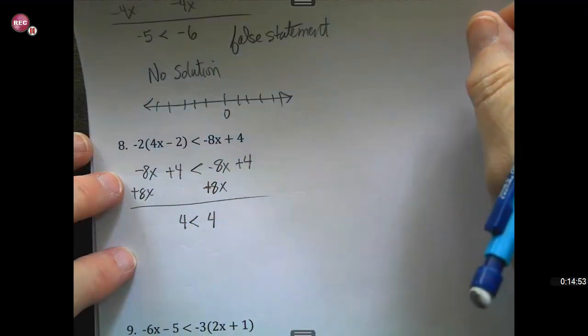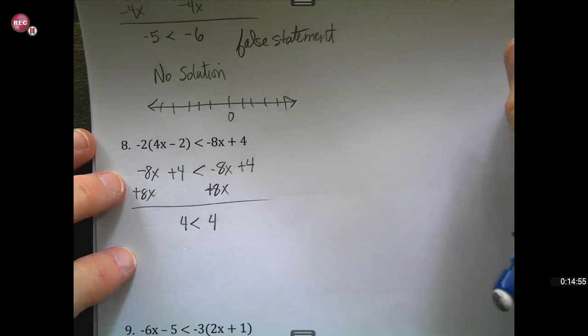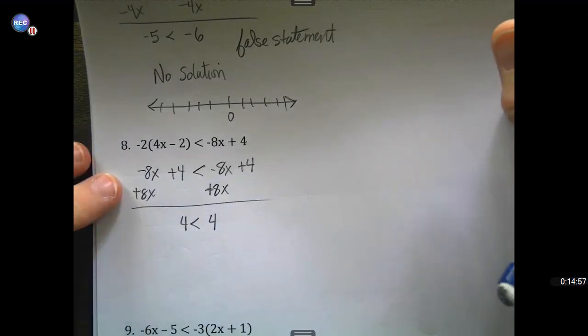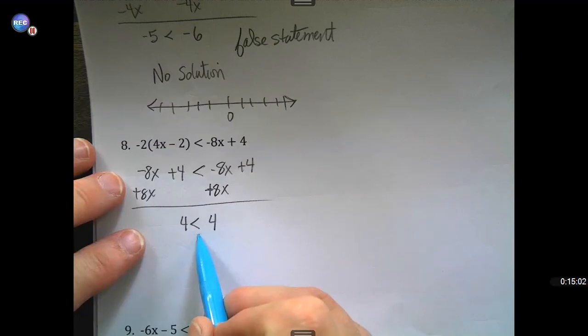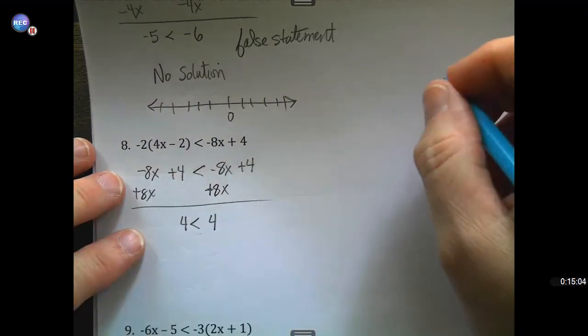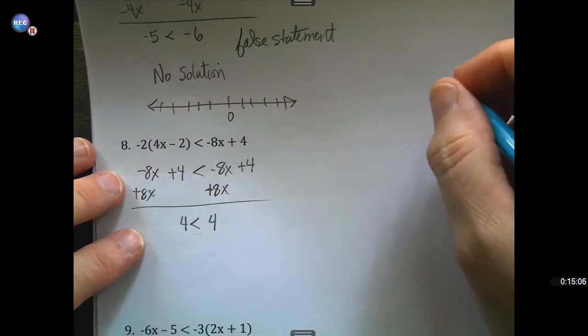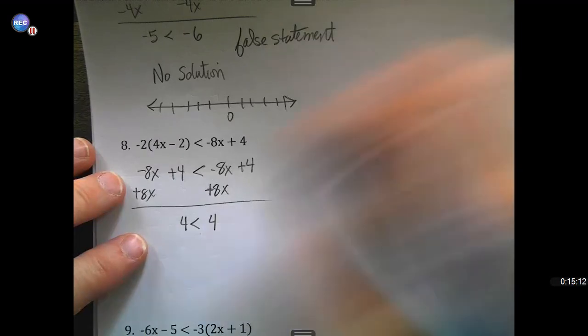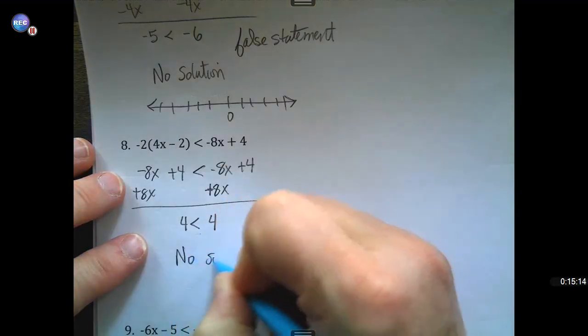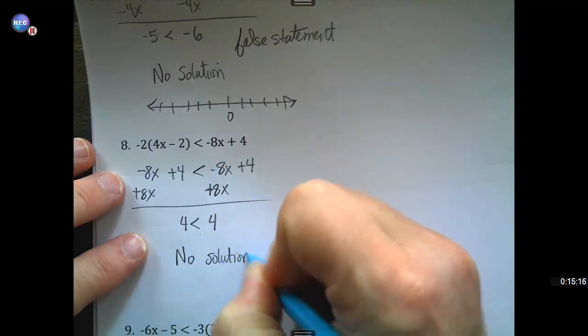That's a false statement. 4 is not less than 4. 4 is equal to 4. If this had been a less than or equal to symbol, we would have an answer. The answer would be all real numbers. But it's strictly less than. Or if it were strictly greater than, we would have the same situation. It's a false statement.